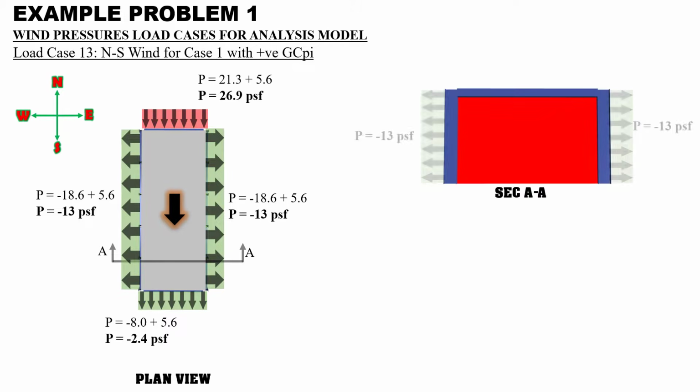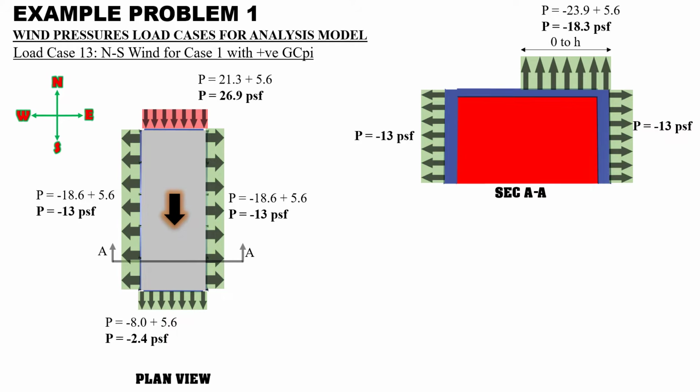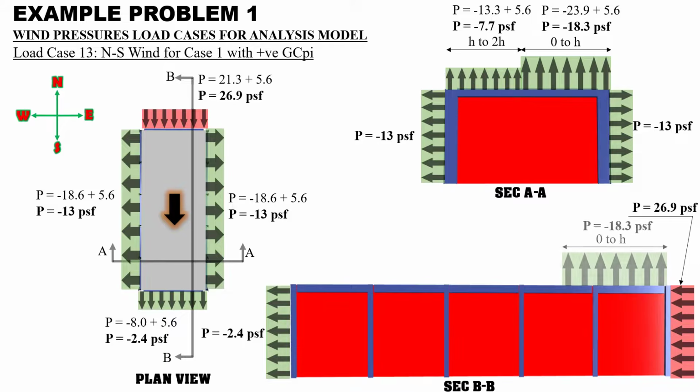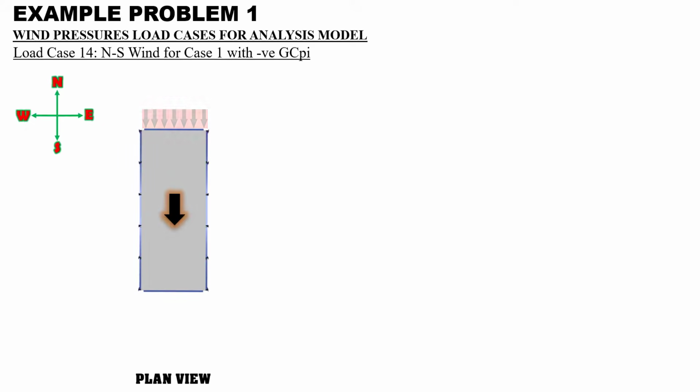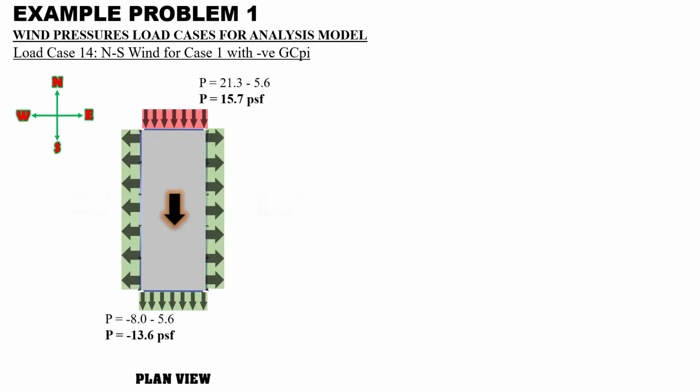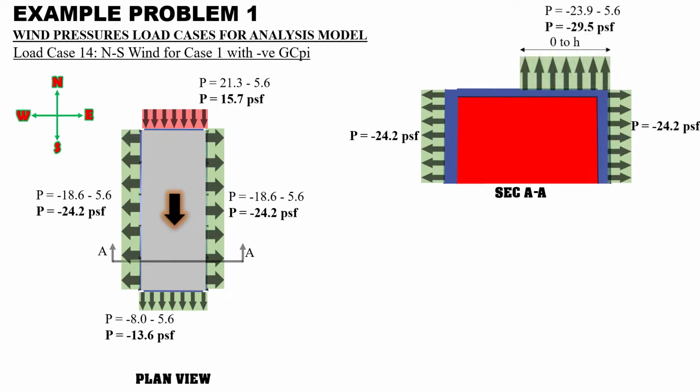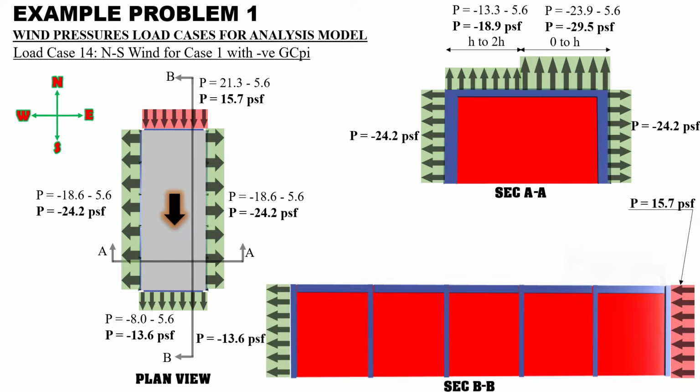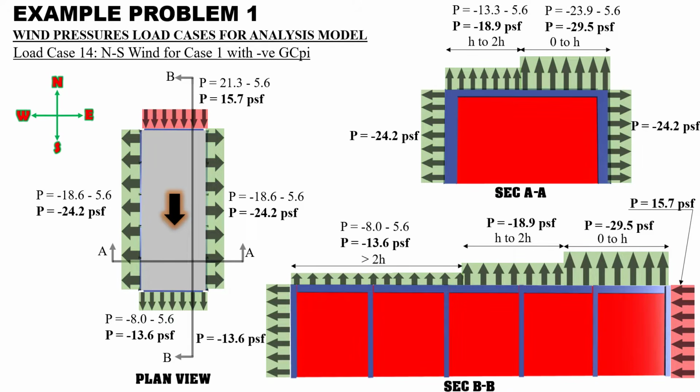When we cut a section, these are the side walls, and the region 0 to H is starting from the right side. So section B as well. For load case 14 with the negative GCPI. Section A and B, region wise.